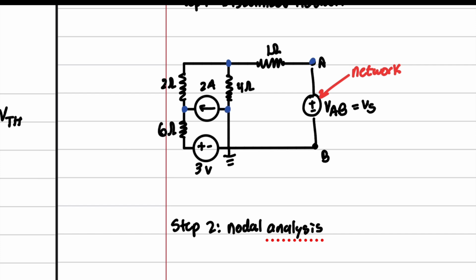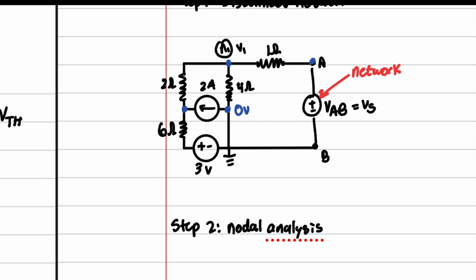Now the question is, do we need to write a nodal equation for every single one of these? No, because I can see that this guy right here is just 0 volts, because this whole thing right here is a node. Okay, we learned that in the last unit, but we don't know this node right here, so we'll call it V1.